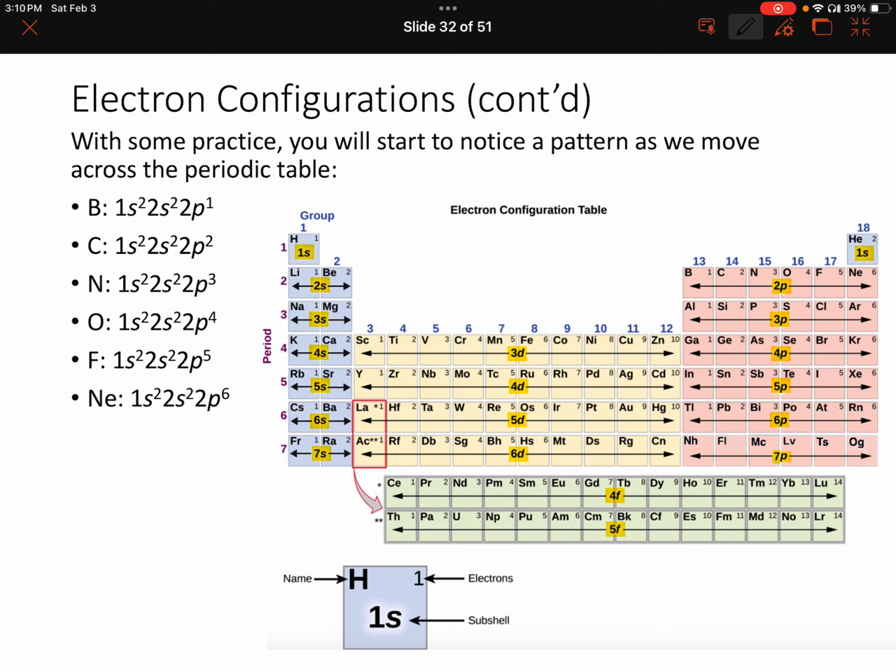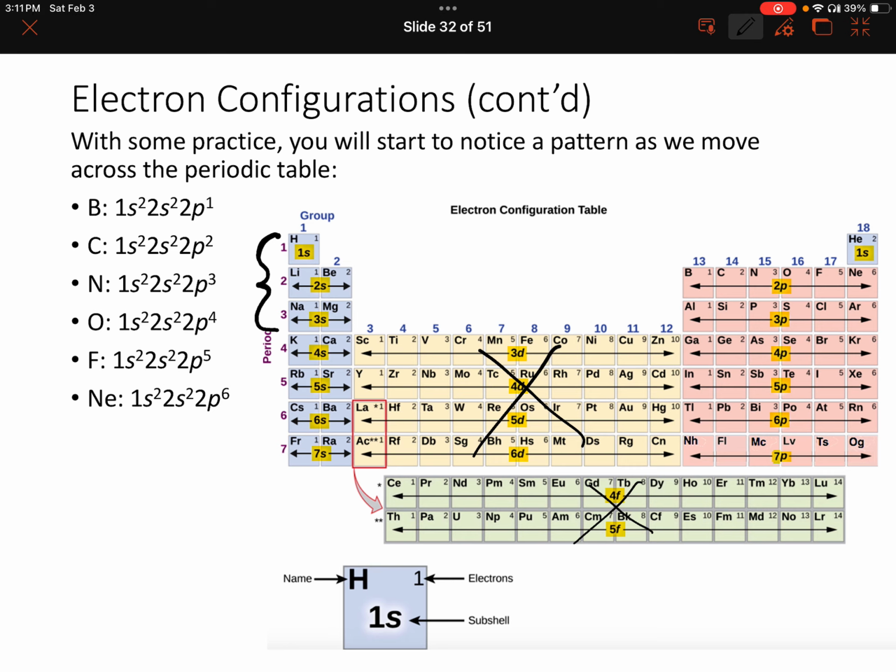If we go over to the right-hand side of the periodic table, each of those elements' electron configurations will end with a p. And then don't worry about the middle here, or these two rows down here. We're not going to cover those this quarter. We're just going to focus on these first three rows.